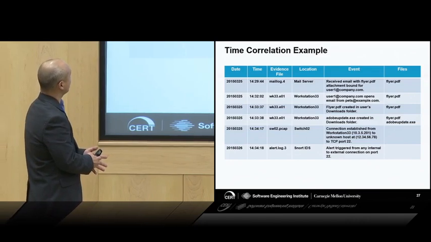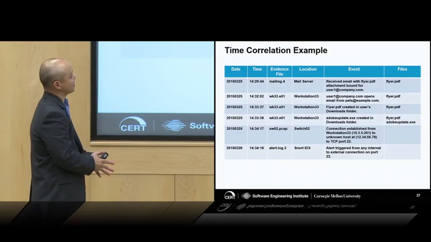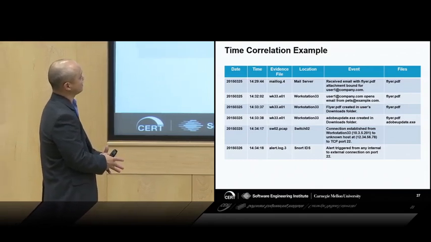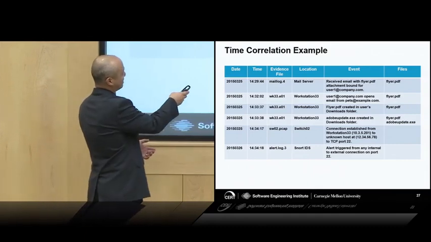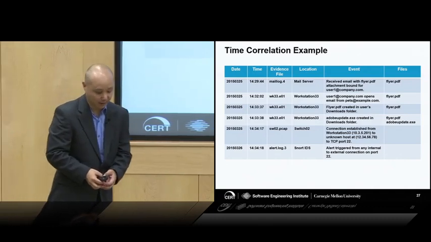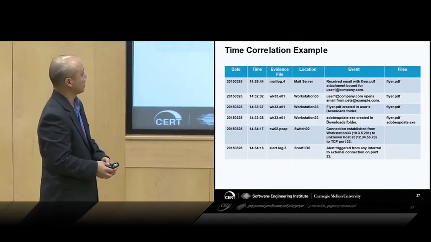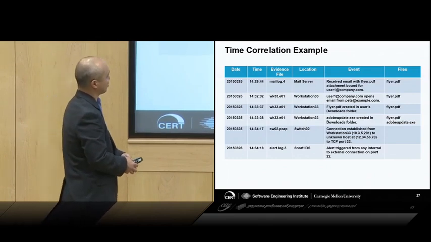And then about 90 seconds later, the flyer.pdf is created in the user's downloads folder. And then shortly thereafter, 1 full second, you'll notice AdobeUpdate.exe is created in the downloads folder.